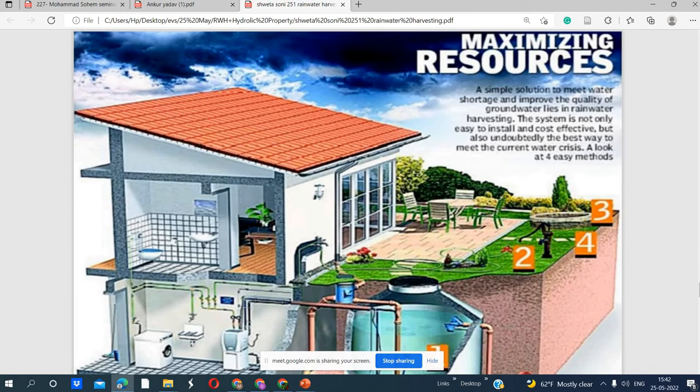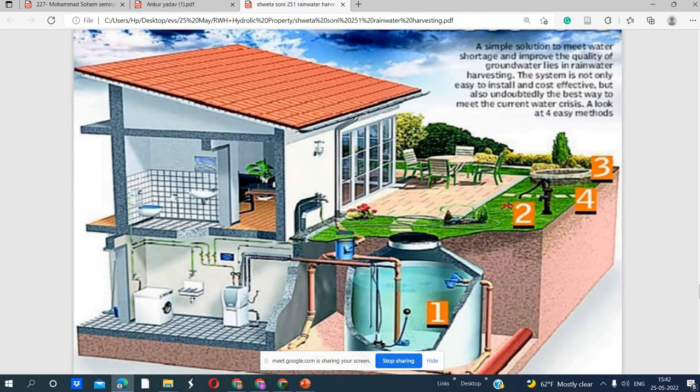A simple solution to meet our water shortage and improve the quality of our groundwater lies in rainwater harvesting. The system is not only easy to install and cost effective, but also undoubtedly the best way to meet the current water crisis. And next.